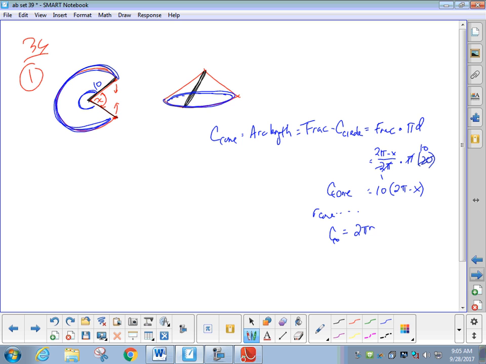If the circumference I just found is 10 times 2 pi minus x, then r of the cone is all that divided out, yeah? 10, 2 pi minus x divided by 2 pi. And there you go. Cool? All right, 17.